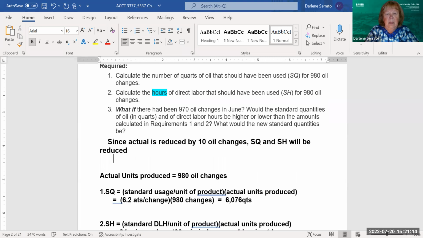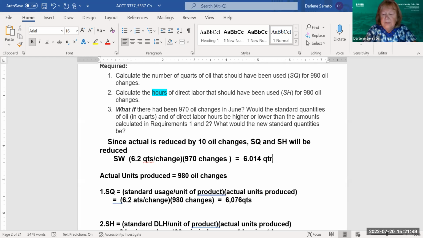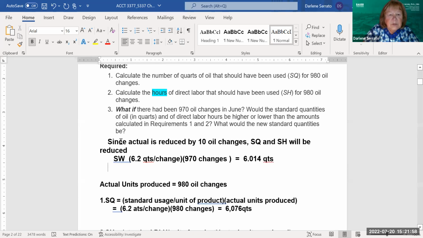Okay, so SQ would be 6.2 quarts per change times 970 changes, and that would equal 6,014 quarts. And this should be SQ.